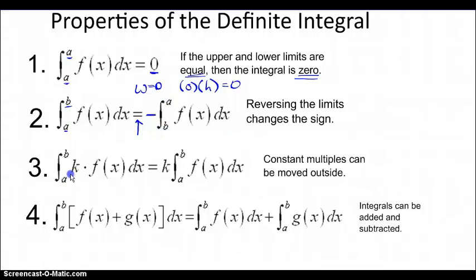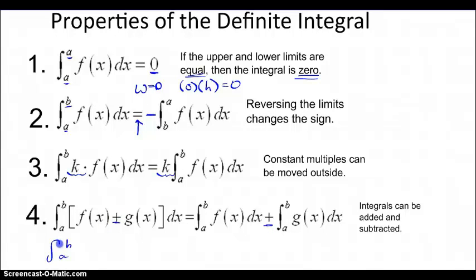Just as in derivatives, constants pop out front, and that's true for integrals as well. So pop those constants out front and get them out of your way. We've already done that in our indefinite integral work, so it shouldn't be strange to do it in our definite integral work. It is true that integrals break up over addition and they break up over subtraction.